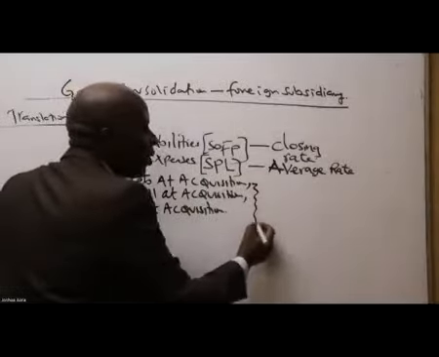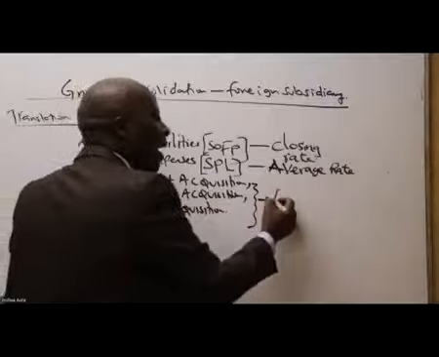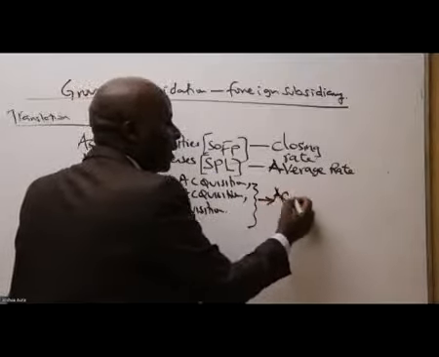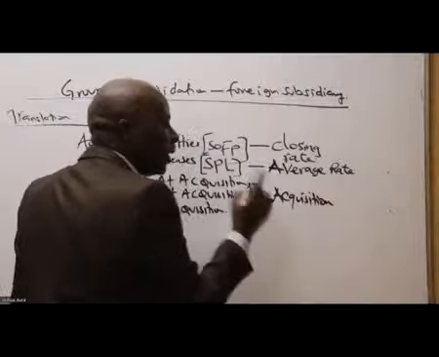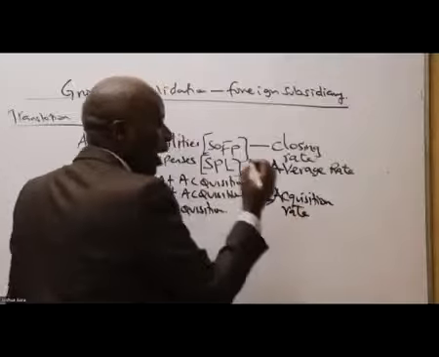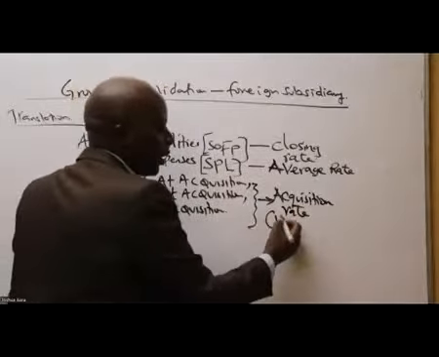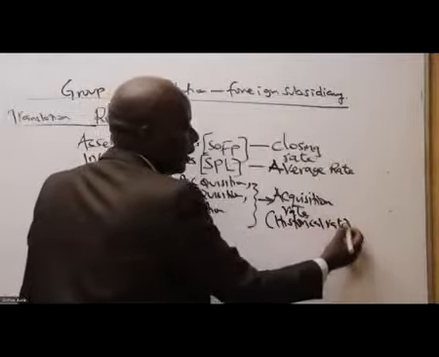Everything here, we shall be, ladies and gentlemen, translating them using the acquisition rate. The rate which existed on the date of the acquisition. So the acquisition rate, we'll get some books calling this the historical rate.